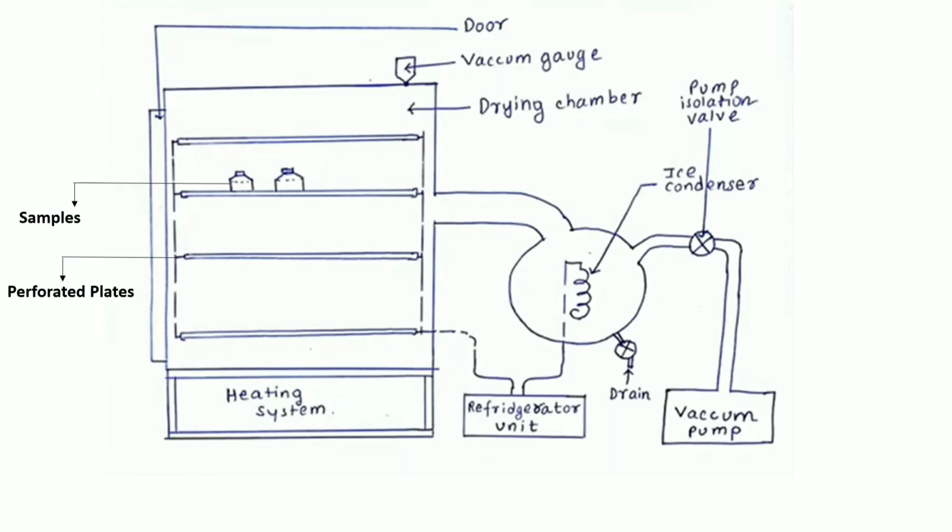In this way, whatever solvent was present, we have converted into solid, and it will be directly converted into the gaseous form. And with the ice condenser, we have also collected our solvent back. So we have recovered the solvent. So that is the procedure of the freeze dryer.